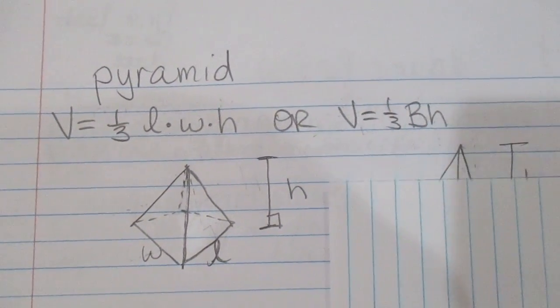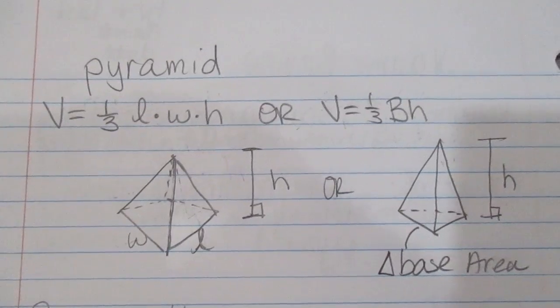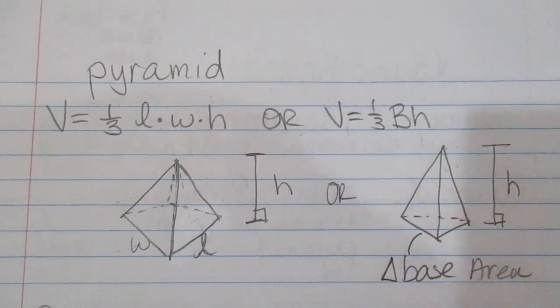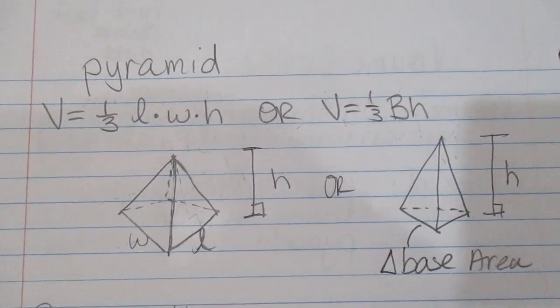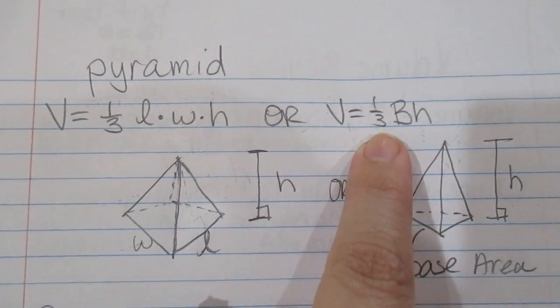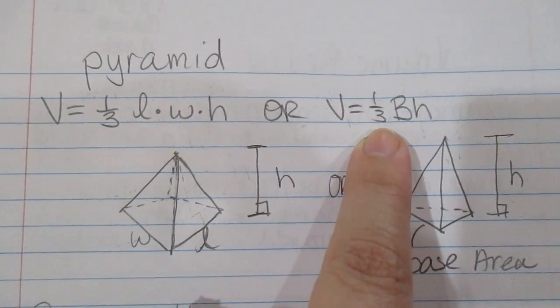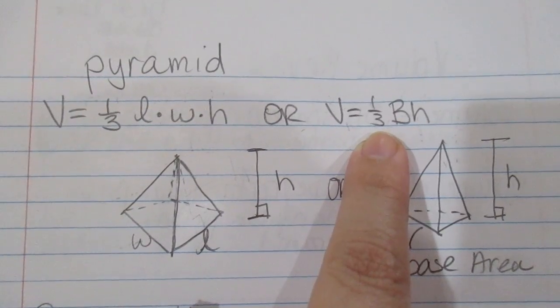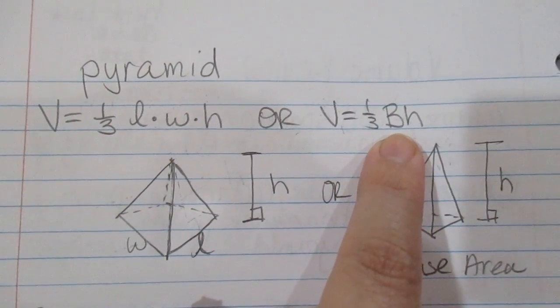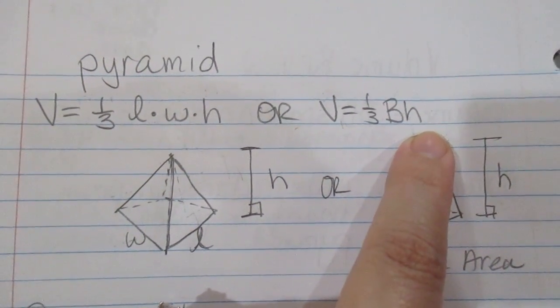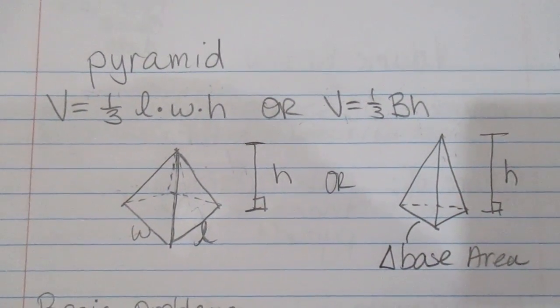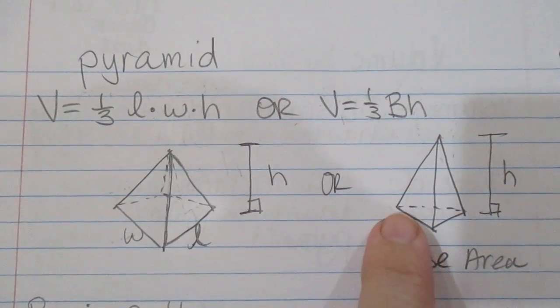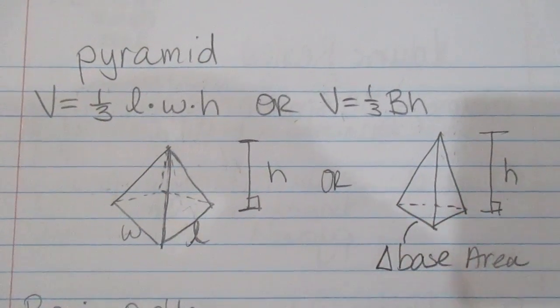The other way we can write this is using the capital B, which again means the area of the base. So we would still want 1/3 because it's still 1/3 of a rectangular prism. And then we would find the area of the base and multiply it by the height of the pyramid. So in this case, the base of this pyramid is a triangle.